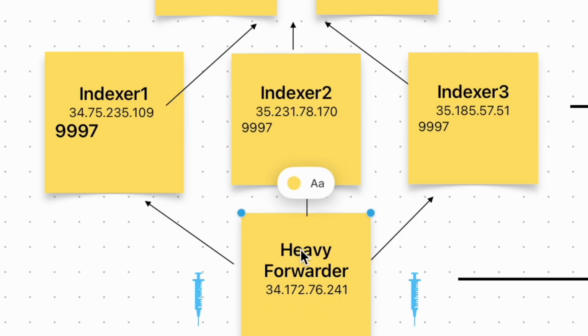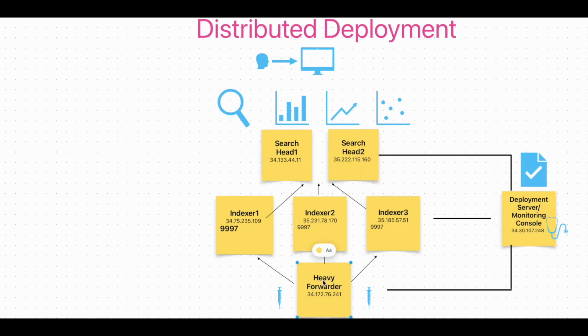Now we have forwarded. These indexers will listen on port 9997, and now we have configured forwarding from the heavy forwarder to these indexers, so they will receive data from the heavy forwarder. Now we can see all these servers listed in the search head.